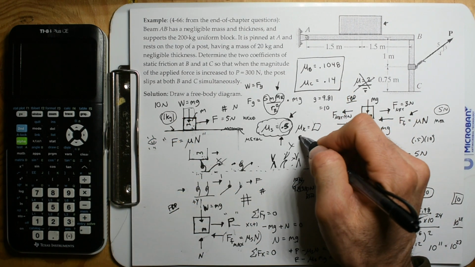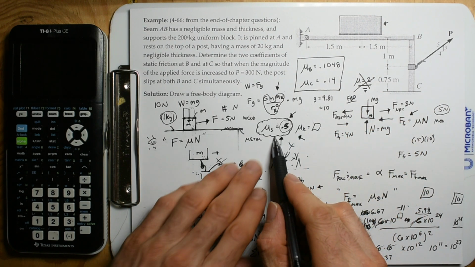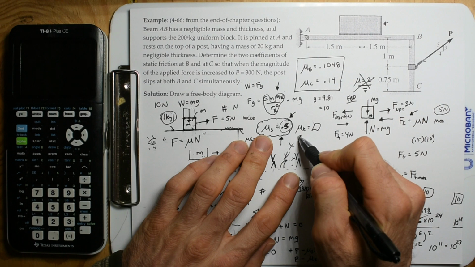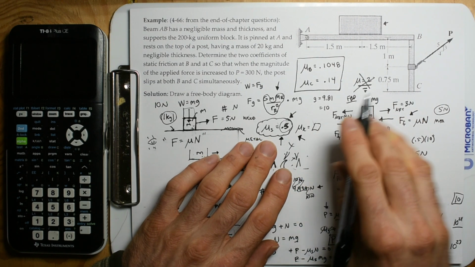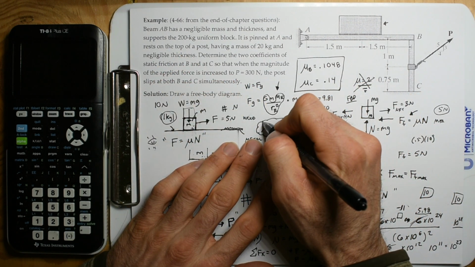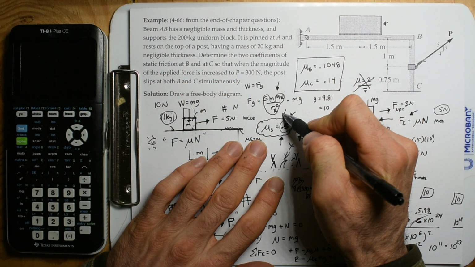So sure, there might be materials that can have a coefficient of static friction greater than 1, but you'd probably be hard-pressed to find one that still behaves linearly, which is pretty much the definition of using this.